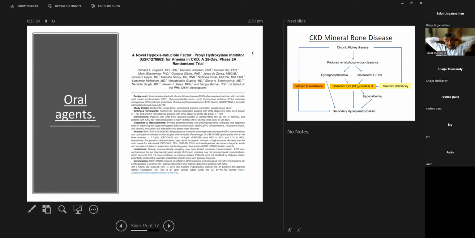And there have been phase 1 trials and now clinical trials in patients with chronic kidney disease and on dialysis, which show these drugs are safe and effective, but unfortunately they remain unfunded in New Zealand, so we don't have access to them. So that's one thing to look out for in the future.